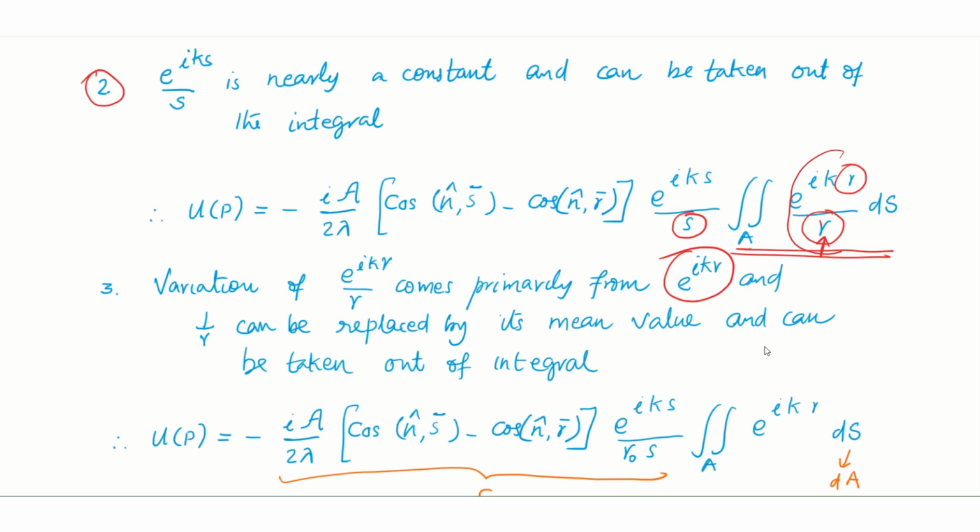Therefore we are going to replace r in the slowly varying factor by its mean value, let's say r0, and it can be taken out of the integral.